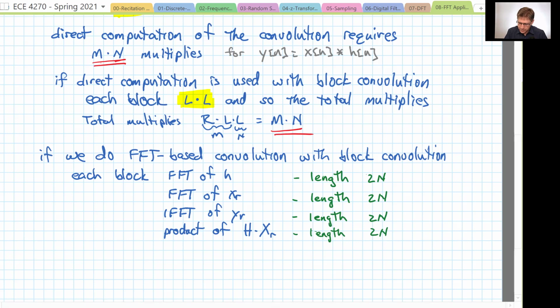And the inverse FFT is also going to be the same length, as is the product. Okay, so how many computations does each take? This is going to be about 2n log 2n. And remember, this is an approximation. It may be a little bit more efficient than this. The inverse FFT will actually have a little bit more to it because it has the scaling factor of 1 over n that we have to take care of. But just to get a quick big picture of what's going on, the multiply itself has to be taken into account, and that's 2n multiplies.